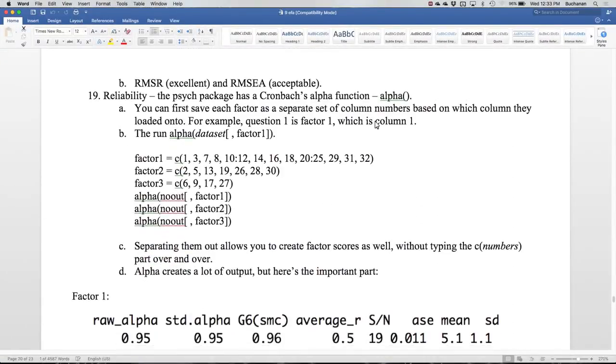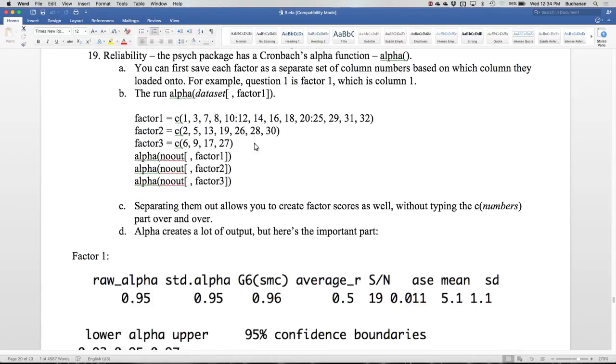So we're going to use alpha. The psych package has the alpha function. And what we're going to do first, and this actually would work for lots of different things, it's kind of a cheat that I probably should have taught you earlier, but whatever. So we're going to save each of the columns that the factors are in as a separate little vector. So where did I get these numbers from?